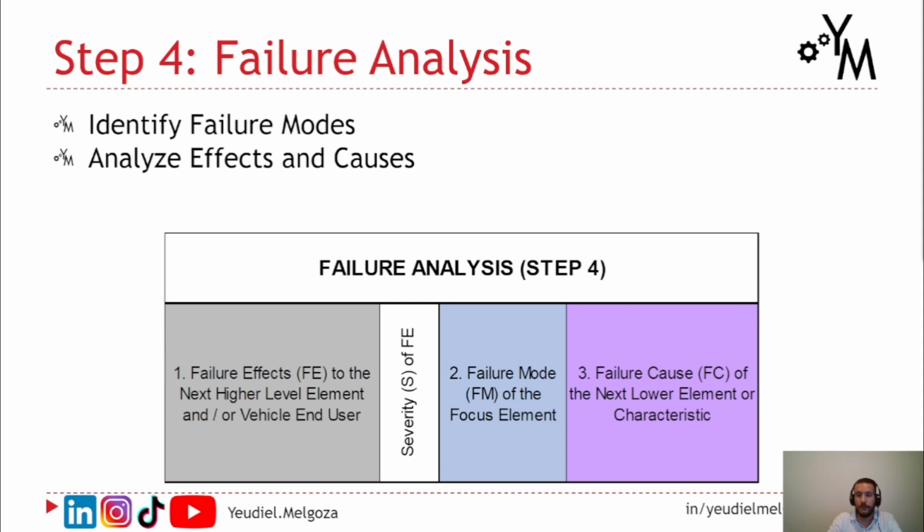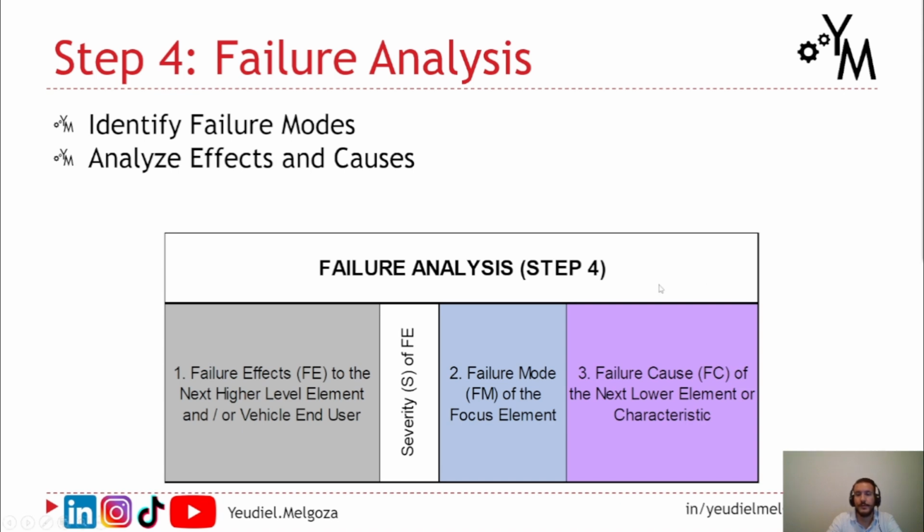Here, the concept of failure chain is used to visualize failures as part of 3 links of a chain. We are going to have failure modes, failure causes, and failure effects. So these are the 3 considerations to take care of.